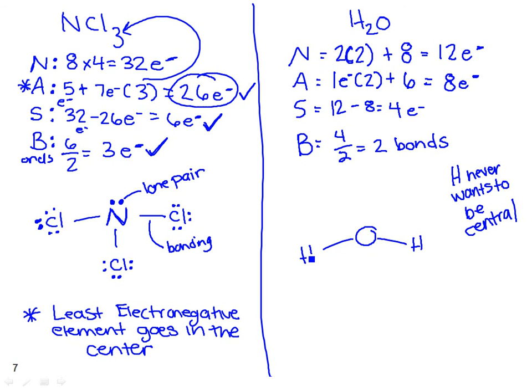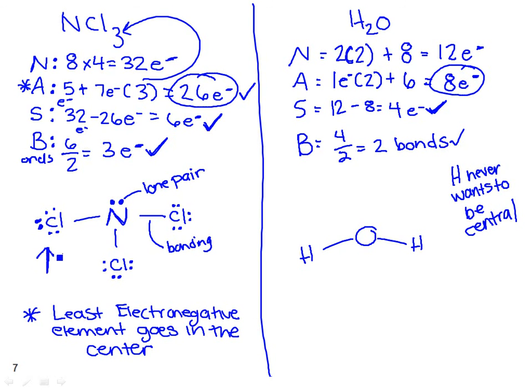Okay, but we only have 4 electrons represented: 2 in this bond and 2 in the bond on the left. We have our bonds, and we have 4 shared electrons, but we need 8 electrons represented. We cannot put electrons around hydrogen like we did over here with the chlorines.